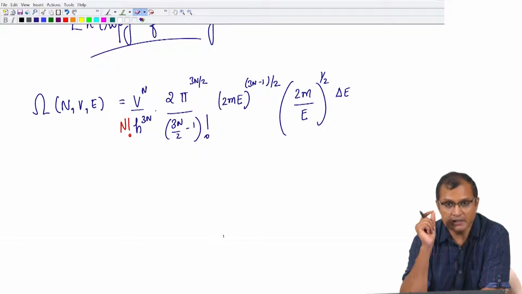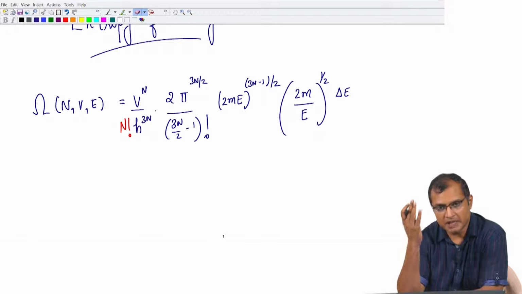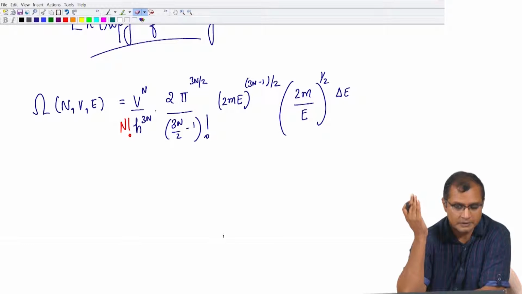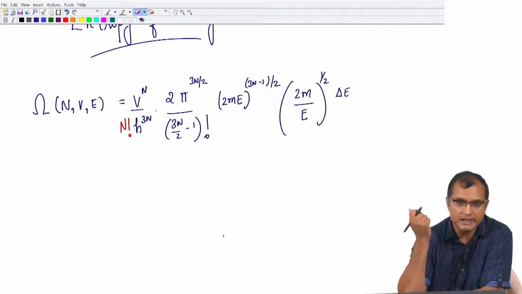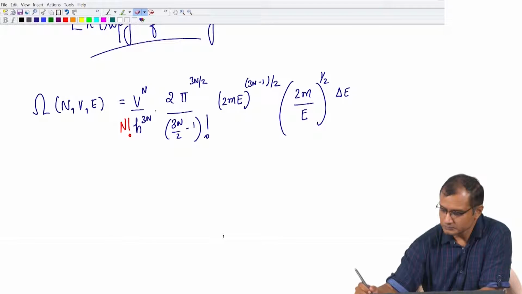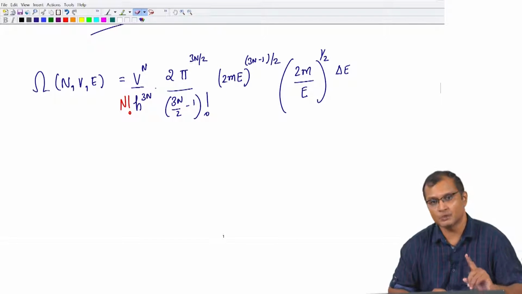So, purely respecting the fact that we want to only take the microstates where duplication is not permitted, we have to divide the entire number of microstates with N factorial, and this division by N factorial actually makes the entropy purely extensive.